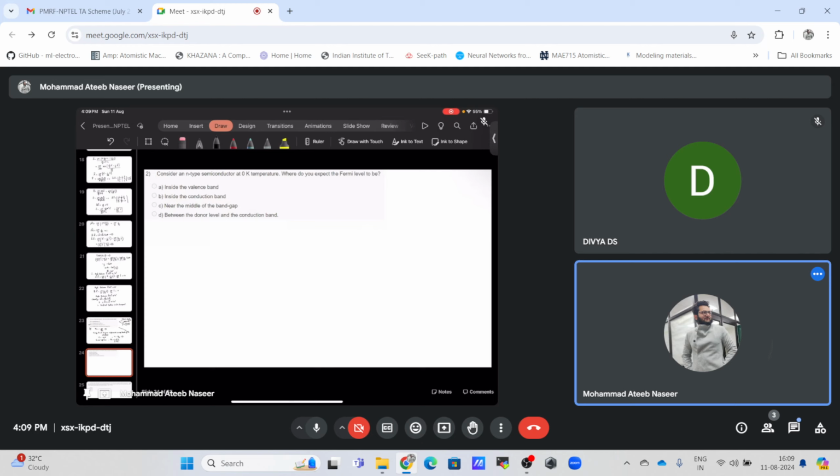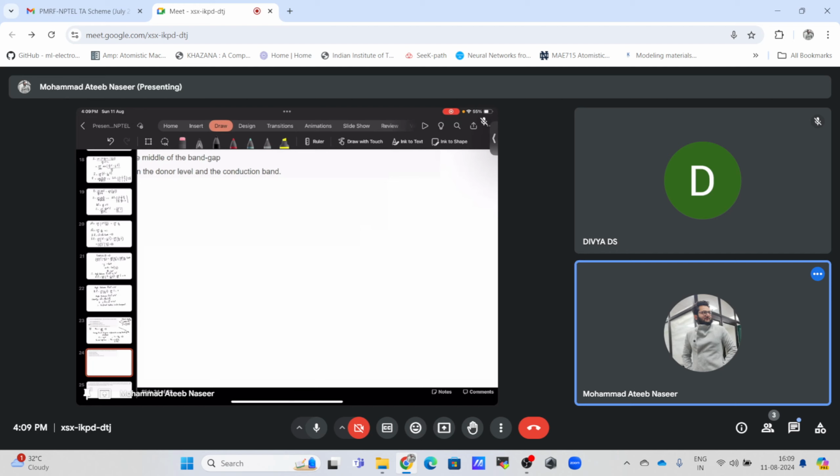Now we have another problem which says that we have an n-type semiconductor at 0 Kelvin, and we have to locate the Fermi level.